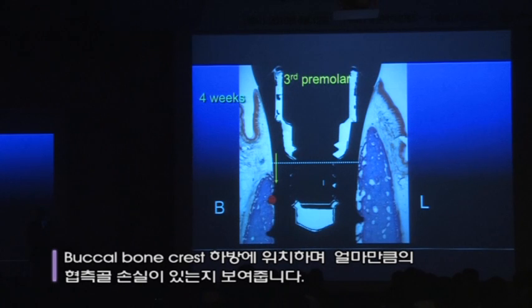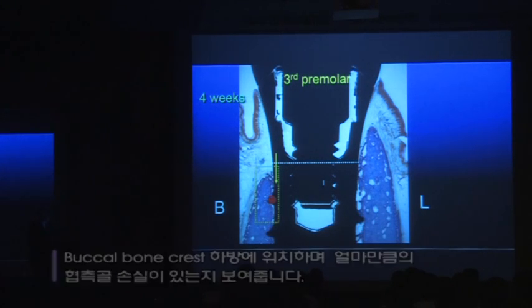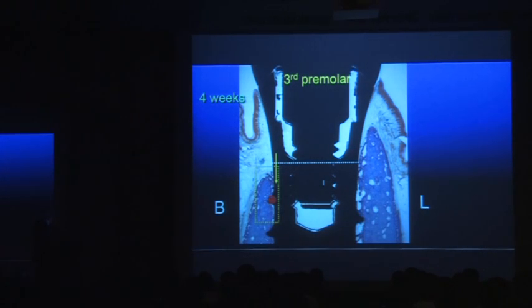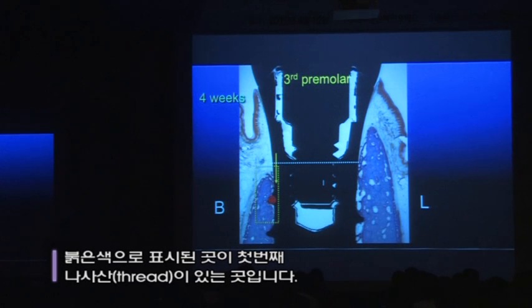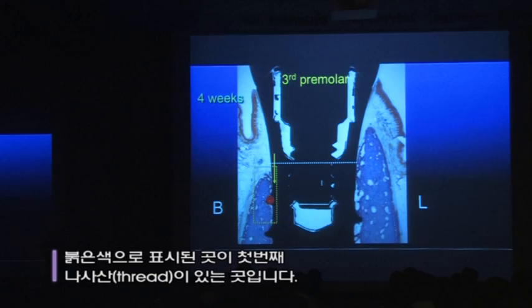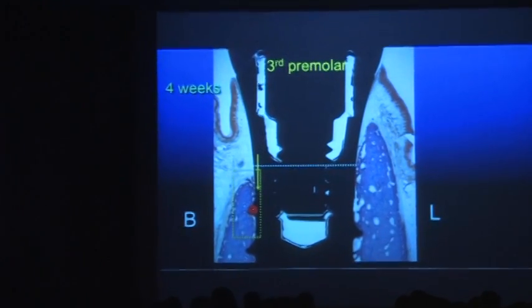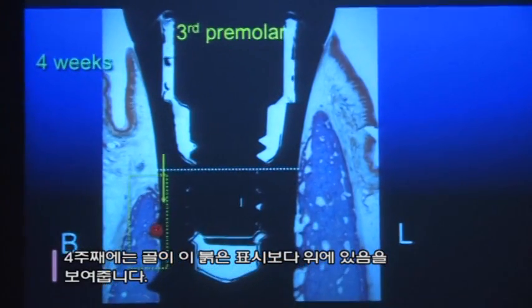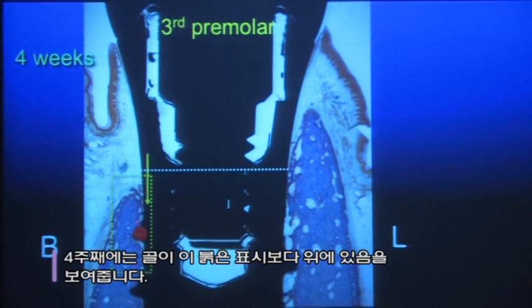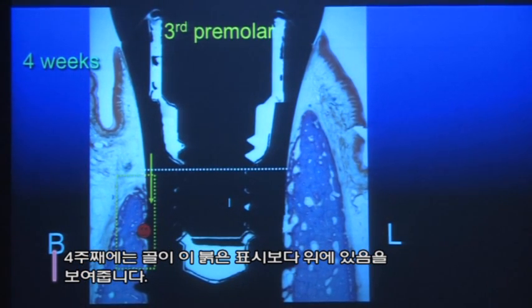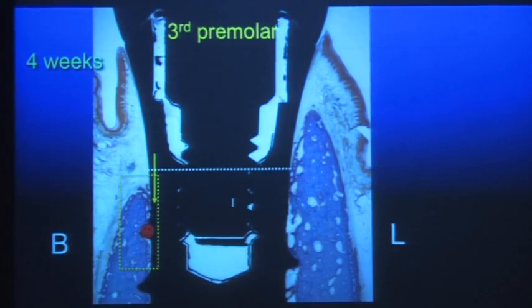So this is how much bone we have lost. I have now illustrated this first thread with this red cartoon. And you can see that at 4 weeks, there is bone above this cartoon.